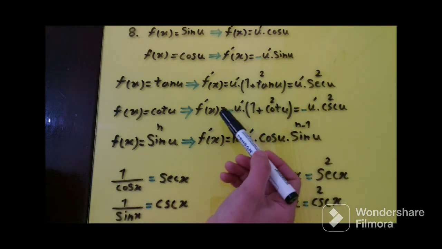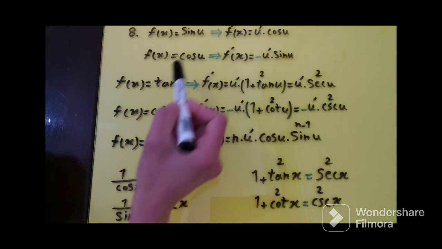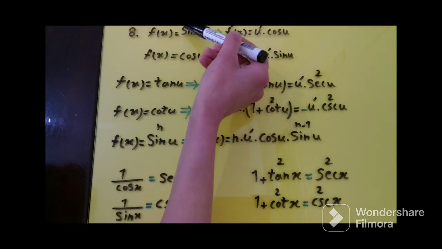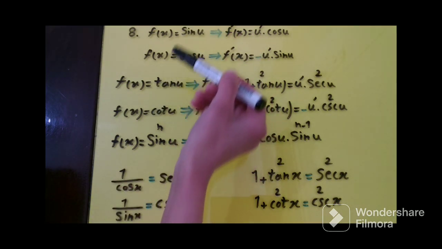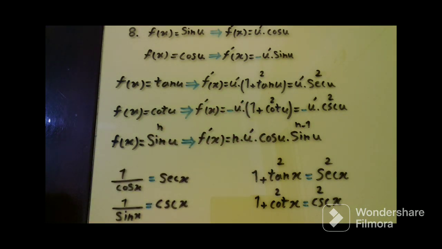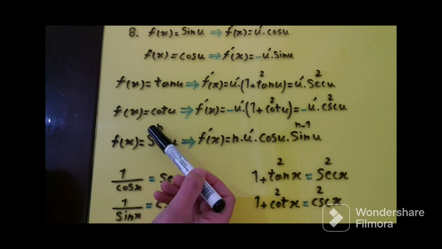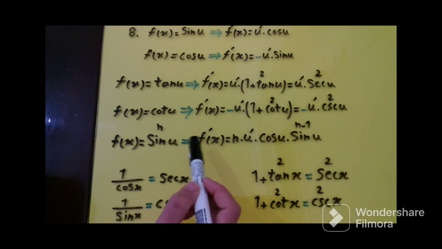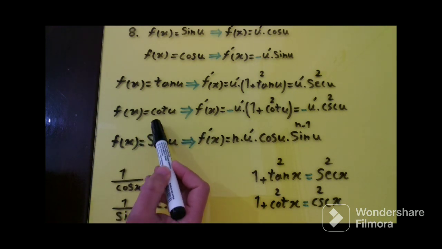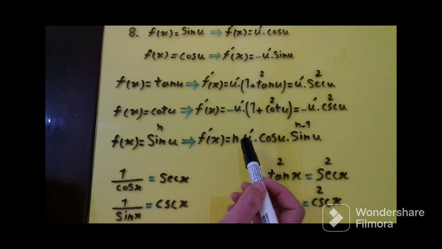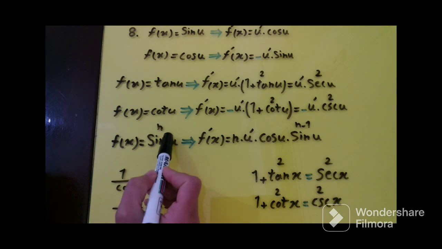As we see, there is a negative for cosine and cotangent. Okay guys, in these functions, the power is 1. There is another formula which says when u has a power, for getting the derivative of this, first you should bring the power down times, then you should get the derivative of u.